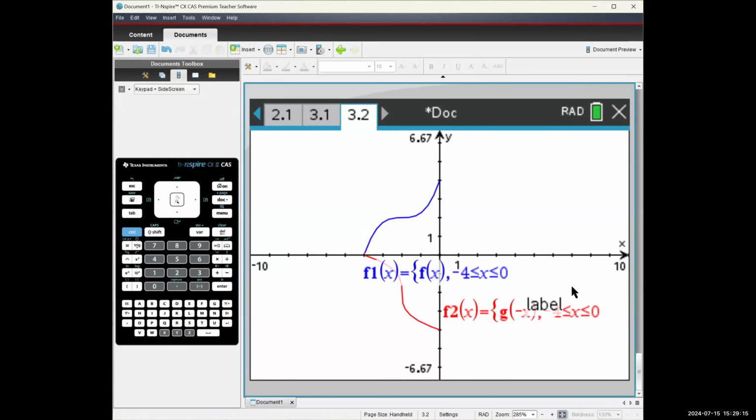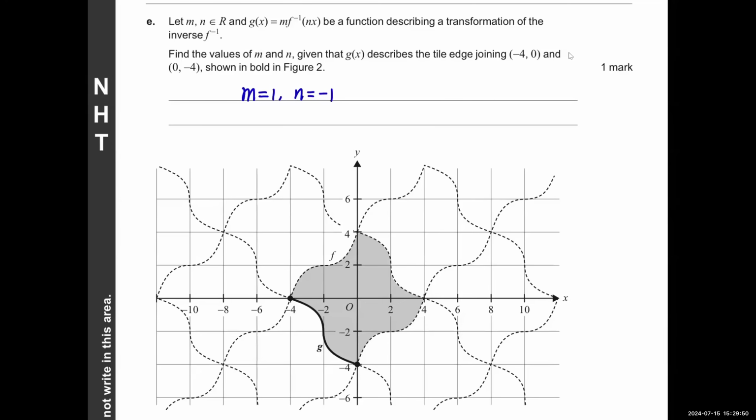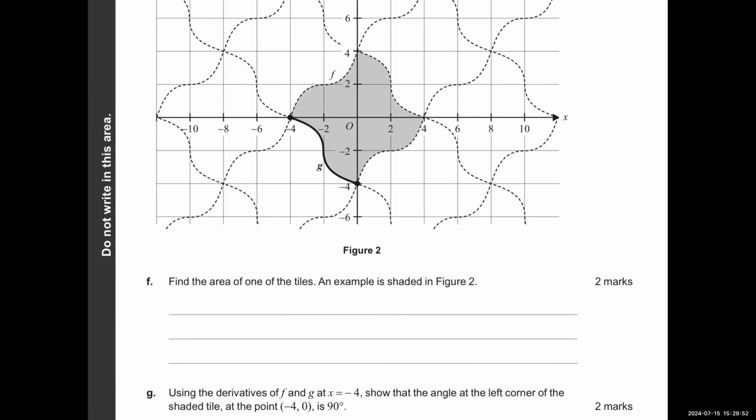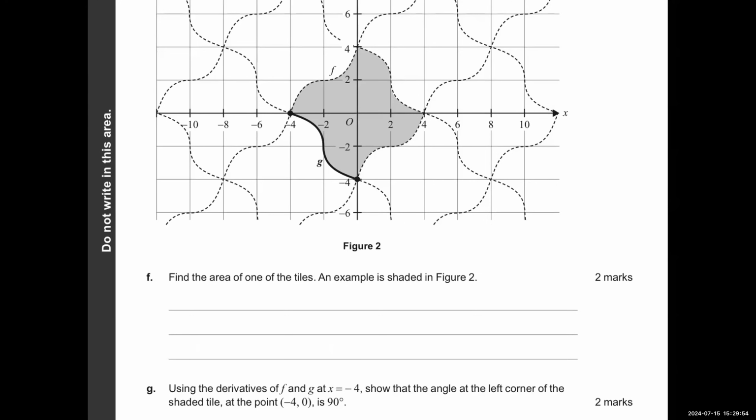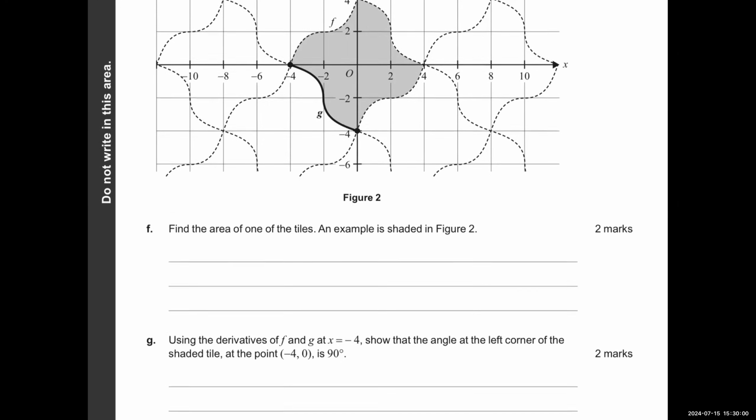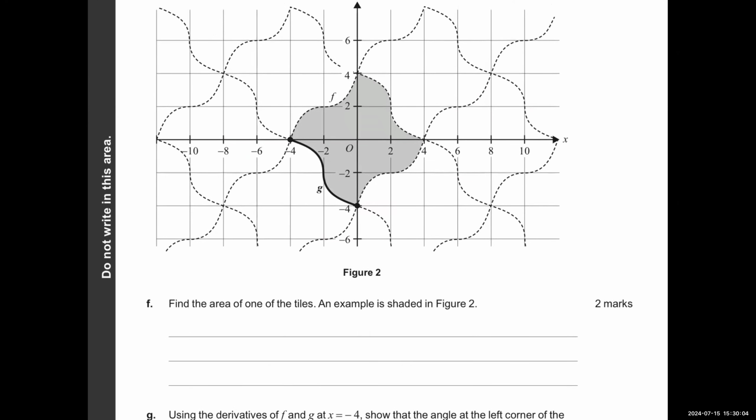Okay, so that is this nice tiling or tessellation question. All right. Find the area of one of the tiles. An example is shaded in figure 2. This time, I would use the tessellation instead of brute force integration, okay?